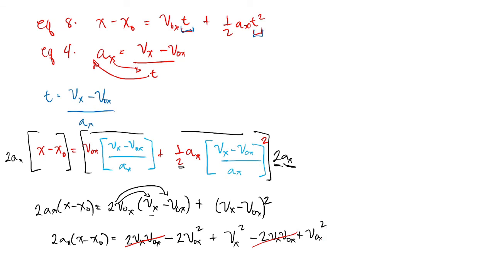So, negative 2 plus 1, that will be negative 1. So, instead of 2, ito ay magiging negative 1 na lang. Mare-retain lang yung ating dx. So, finally, we have this simplification wherein we have 2ax times our displacement, that will be equal to negative v naught x squared plus our vx squared.